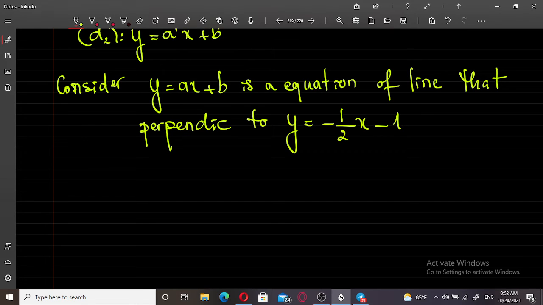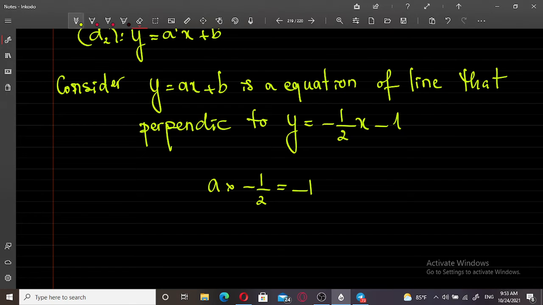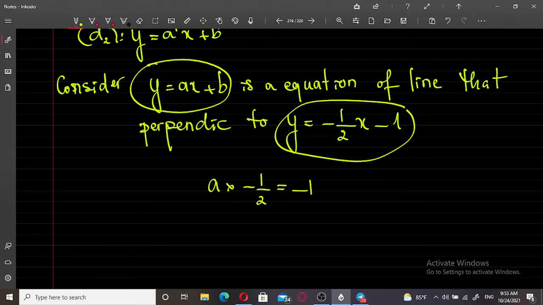Then we get a times negative 1 over 2 equal to negative 1, because in this case the two lines are already perpendicular to each other.